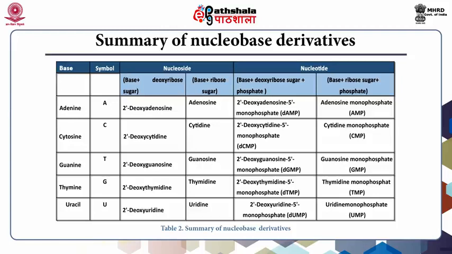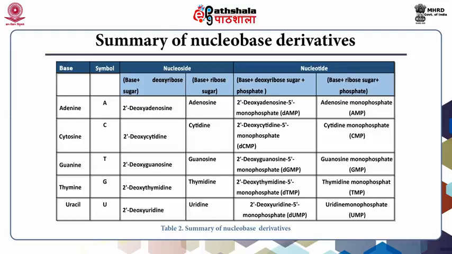Again, the nucleotide formed with adenine, deoxyribose sugar and phosphate will be called 2'-deoxyadenosine 5' monophosphate, dAMP, while that formed between adenine, ribose sugar and phosphate will be called adenosine monophosphate or AMP.